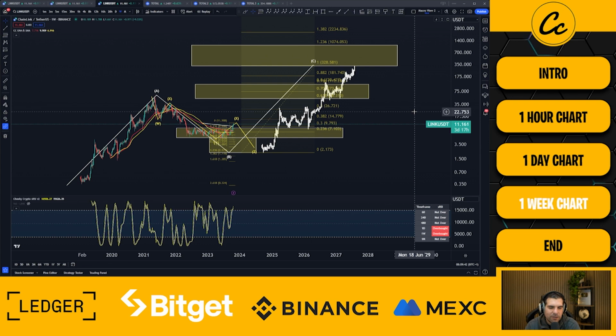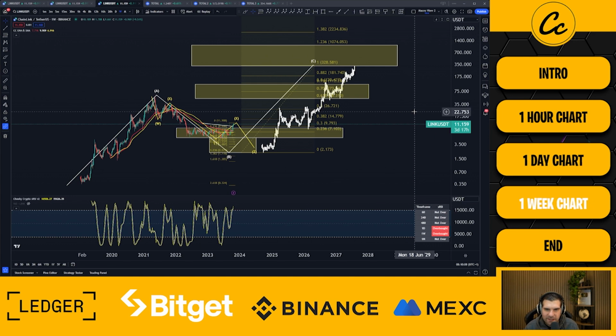Now, that could mean that these large whale investors on Chainlink have the capability of actually hodling that supply for such a significant period of time that there is a significant shrinkage of the supply, and as demand increases we are going to see a potential move that I think is just going to be very, very shocking to many retail investors, where the price moves up very, very rapidly.